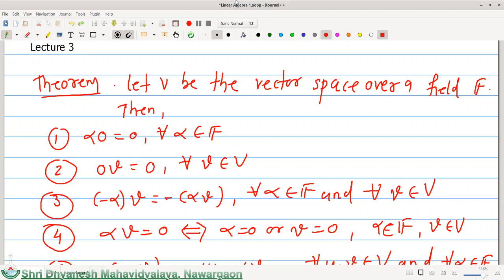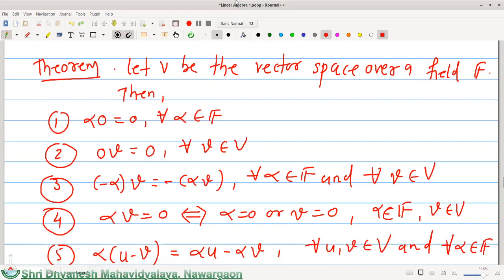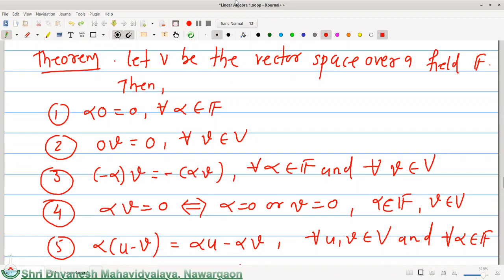so we are going to prove the first theorem of this unit. I have already written the statement here. Let V be a vector space over a field F, then alpha into 0 is equal to 0 for all scalars.